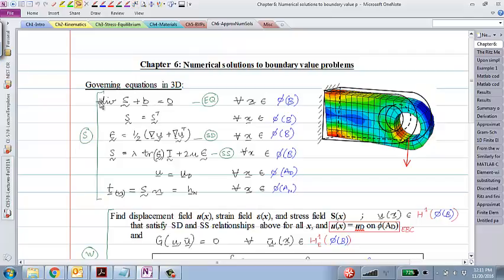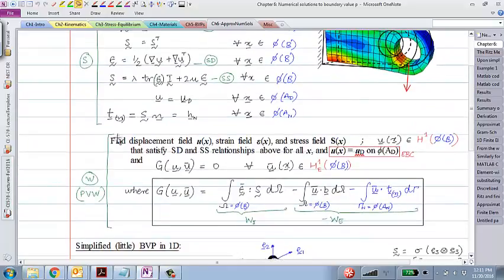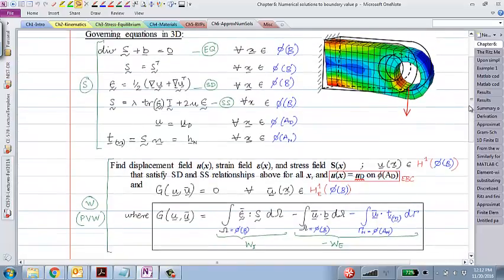So ultimately, what we want to do is to solve this strong form, a bunch of partial differential equations, some boundary conditions, over a three-dimensional object, okay? We know that we cannot solve that exactly. So what we did was we came up with a corresponding weak form of the problem statement, where we said that what we are trying to do is to find the displacement field at each point.